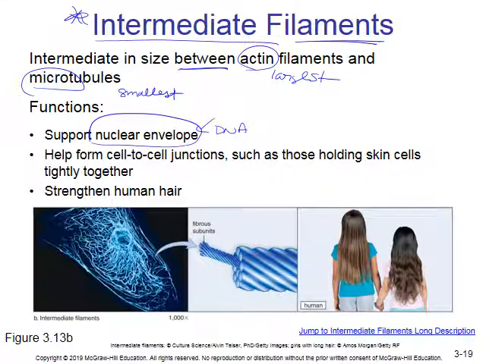They also help form cell-to-cell junctions, so holding all of your skin cells together. Might sound silly, but you know how if you burn and you can peel skin off in a sheet, right? That's because these intermediate filaments were holding all those skin cells together in that sheet form. And this also helps strengthen human hair. So you're going to find intermediate filaments in hair.